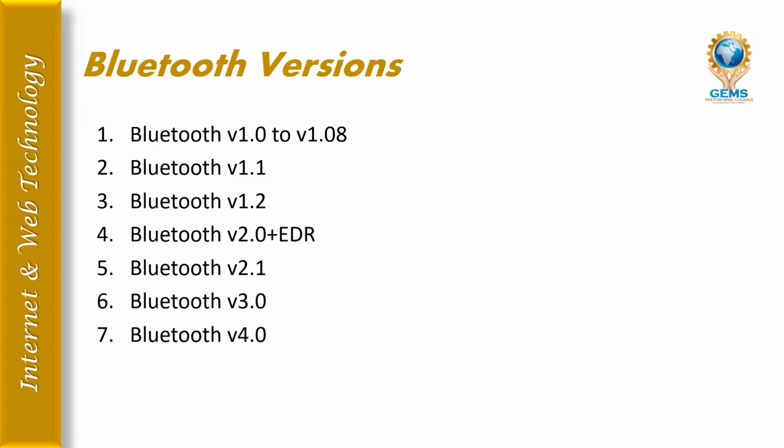And Bluetooth version 1.2. The specification of version 1.2 is faster connection. The fourth one is version 2.0 plus EDR, which is nothing but enhanced data rate. Bluetooth version 2.1 is secure simple pairing.